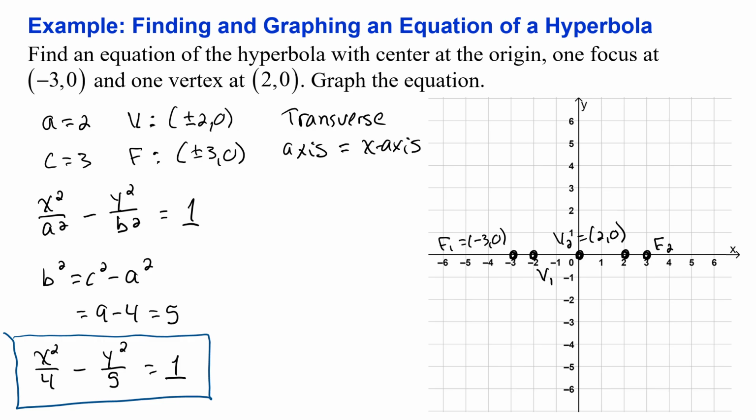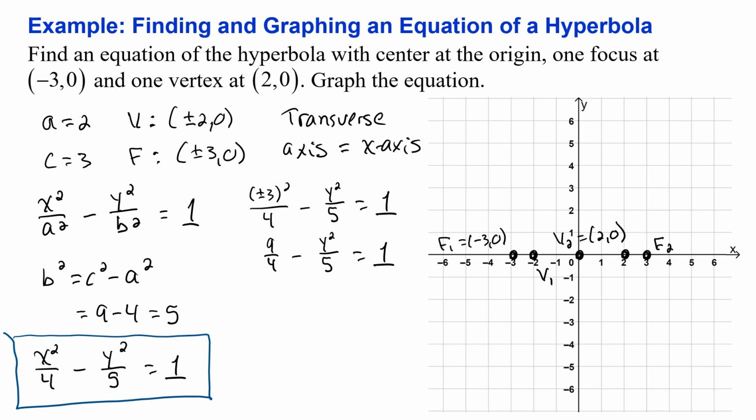And we write the square of plus or minus 3 divided by 4 minus y squared divided by 5 equals 1. Squaring positive 3 or negative 3 gives us 9, so the equation simplifies to be 9/4 minus y squared divided by 5 equals 1.